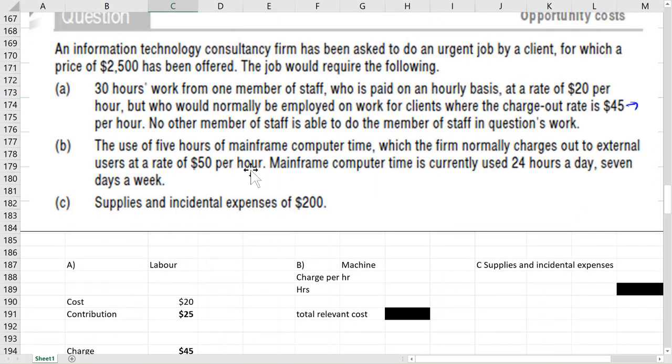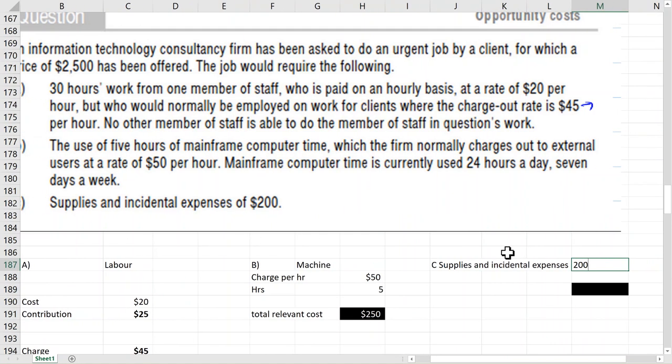Next, machine. We will be using a machine which the firm normally charges out to external users at 50 per hour. Mainframe computer time is currently used 24 hours a day, 7 days a week. So there is no extra time. So whatever is the charge rate per hour, that will be the relevant cost, which is 250. And then supplies and incidental expenses, 200 is the total relevant cost.